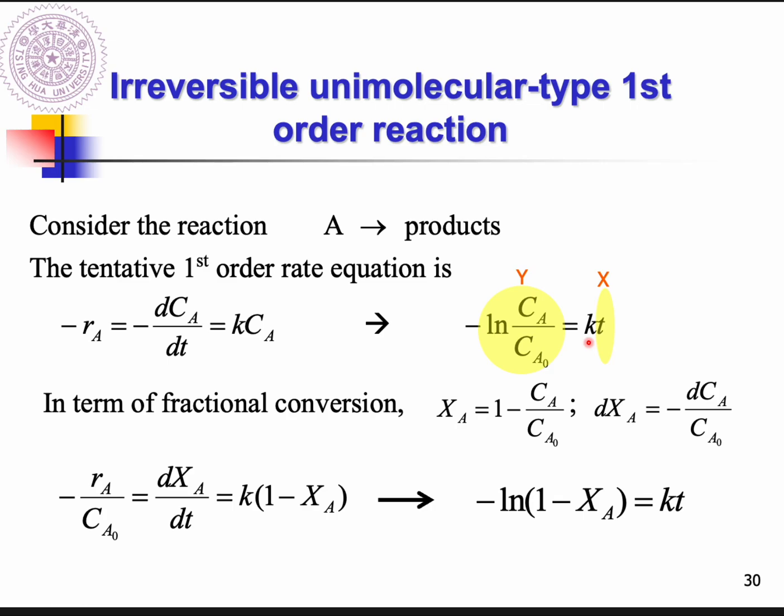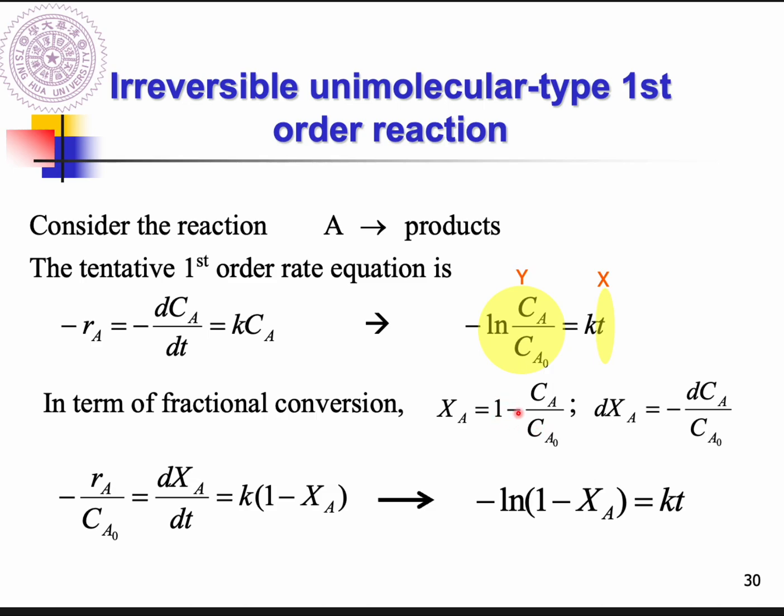Okay? But this expression is in terms of CA, the concentration of reactant A, and time. In most cases, people use the term fractional conversion. The fractional conversion XA equals 1 minus CA over CA0.